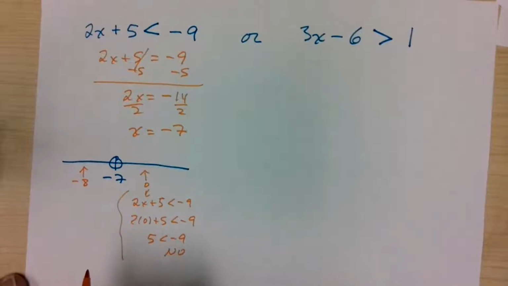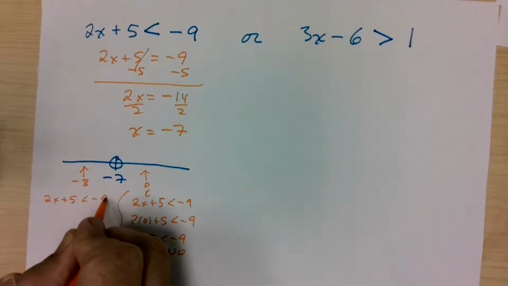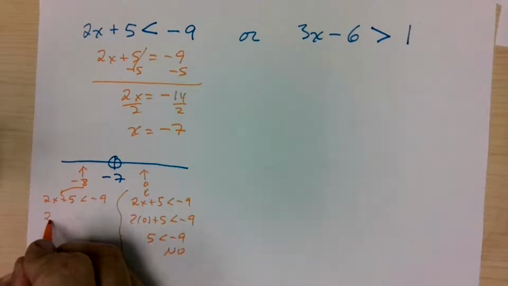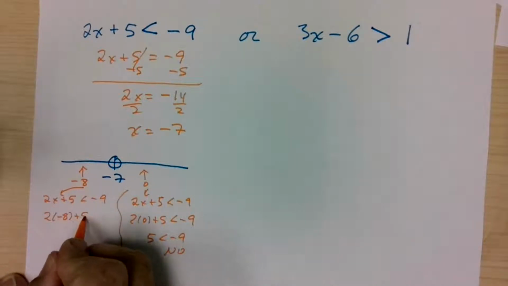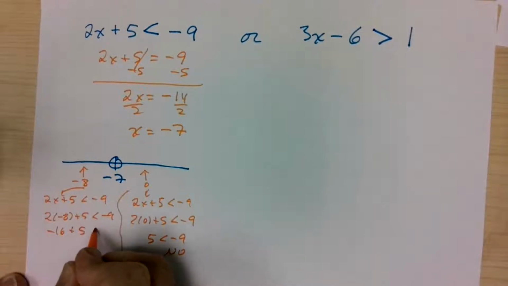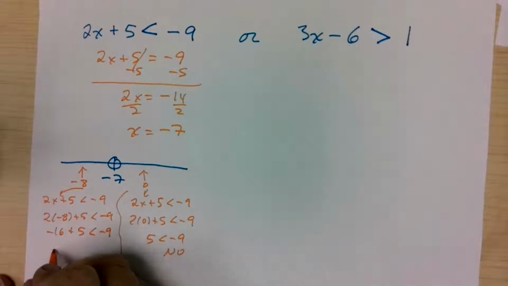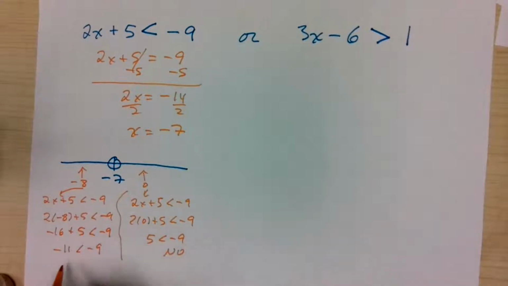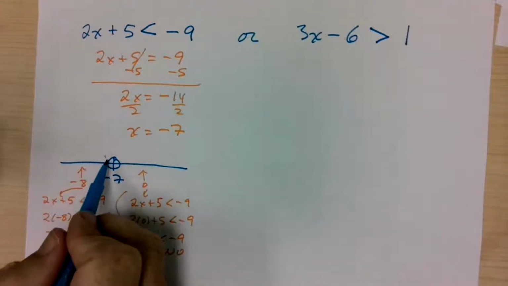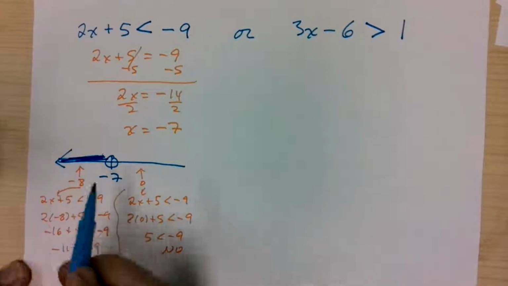So we'll say 2x plus 5 less than negative 9. Plug in negative 8. 2 times negative 8 plus 5 less than negative 9. Negative 16 plus 5 less than negative 9. So that's negative 11 is less than negative 9. Owing $11 is worse than owing 9. That's yes. So we're going to shade towards the yes on this one.